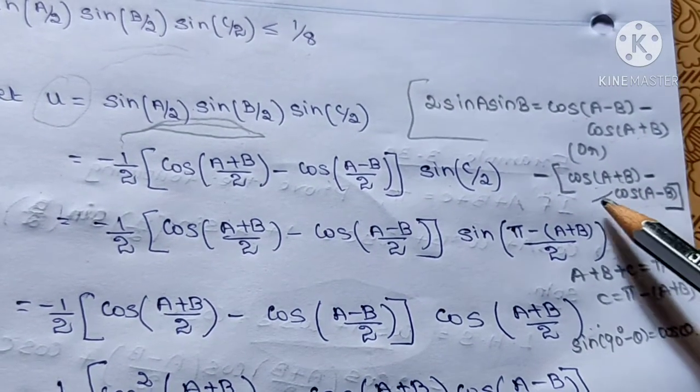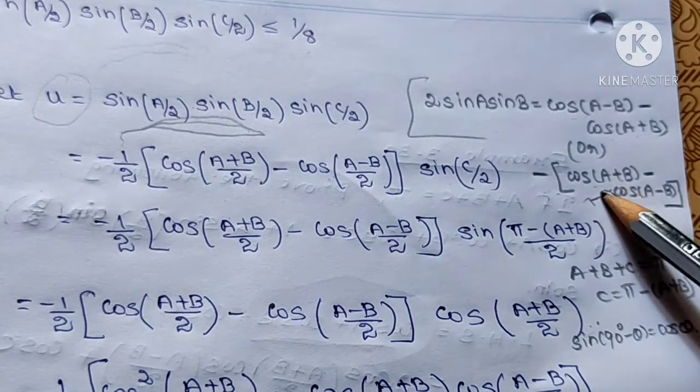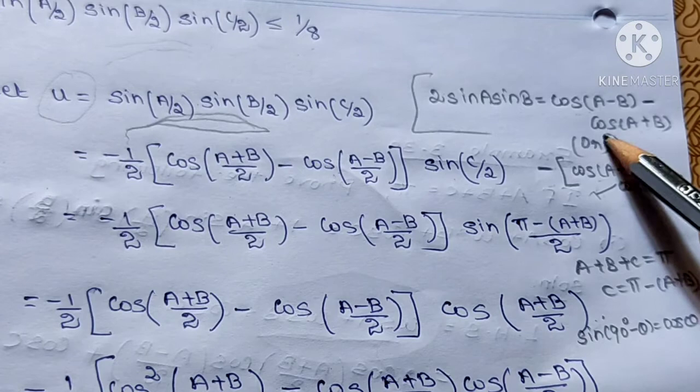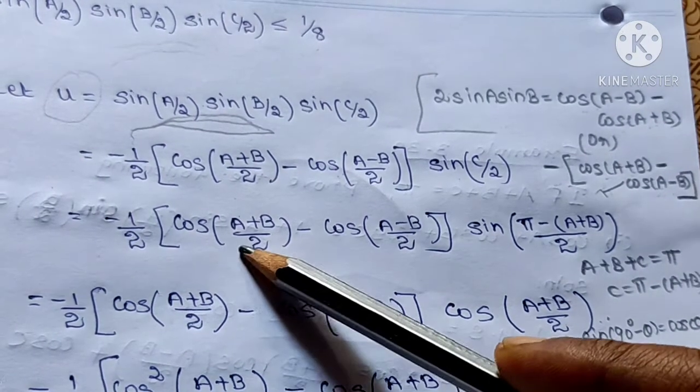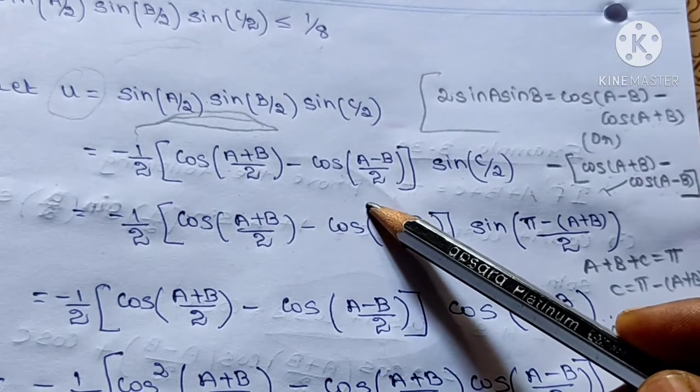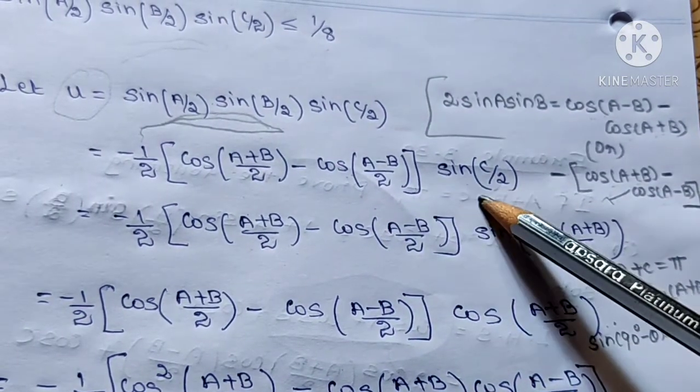Okay, I will take the second result, minus of cos a plus b minus cos a minus b, or you write this formula, we get the result. Minus 1 by 2 into cos a plus b by 2 minus cos a minus b by 2 into sin c by 2.